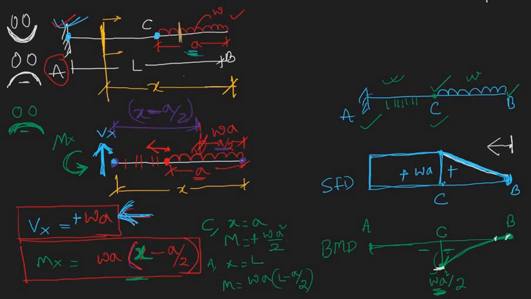From this point to C, it is varying linearly. It is not parabolic, so don't confuse this. Here the red one is linear, but the green one is parabolic. This is the complete shape of the SFD as well as the BMD. Okay, so that's it.